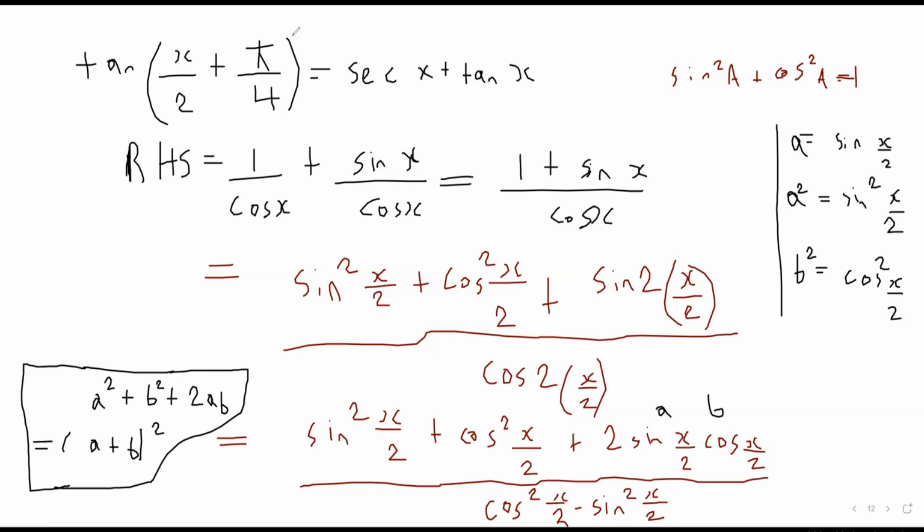But we couldn't start with the start point because the tan of pi by 4 is 1, and 1 is always going to make us skewed with what we're going to do. There are so many things we can do with 1. We can write 1 as sin x over sin x, cos x over cos x, sine square plus cos square. We just don't know how it ends up reaching our right-hand side. We don't know how to get a regular x from x over 2. But if you start from your left-hand side and break it up into double angle formulas, you can easily get to your end destination.